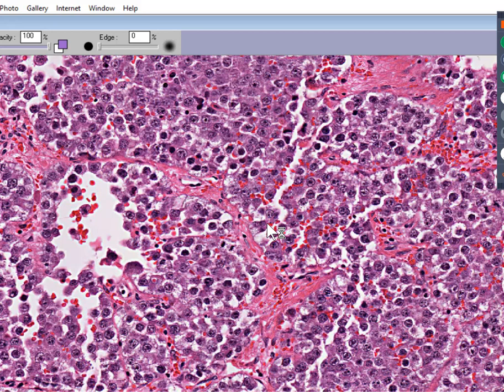If this seminoma had 90% lymphocytes and 10% primitive germ cells, do you think that prognosis would be better than this particular seminoma, which has 90% germ cells and just a few stippled lymphocytes here and there? This seminoma does not have many lymphocytes, so it is probably not going to do as well as a seminoma that has 90% lymphocytes. And this is probably the most common type of primary testicular malignancy.